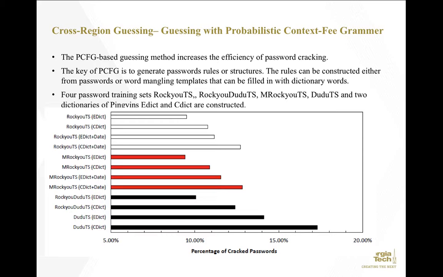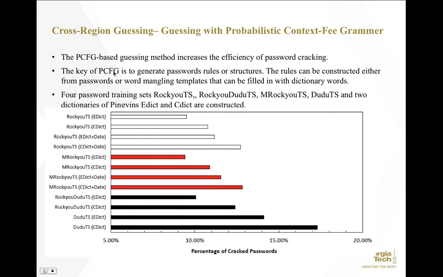The last part is guessing with probabilistic context-free grammar. The PCFG-based guessing method increases the efficiency of password cracking. The key of PCFG is to generate password rules or structures, which means that instead of using passwords from other websites or the current website, we use rules to generate passwords to guess website passwords.